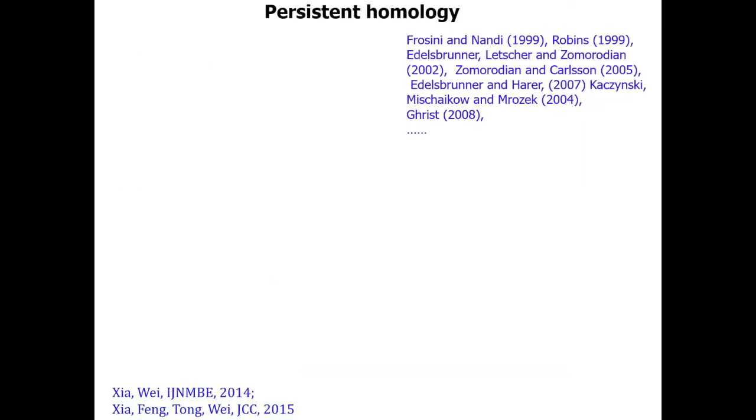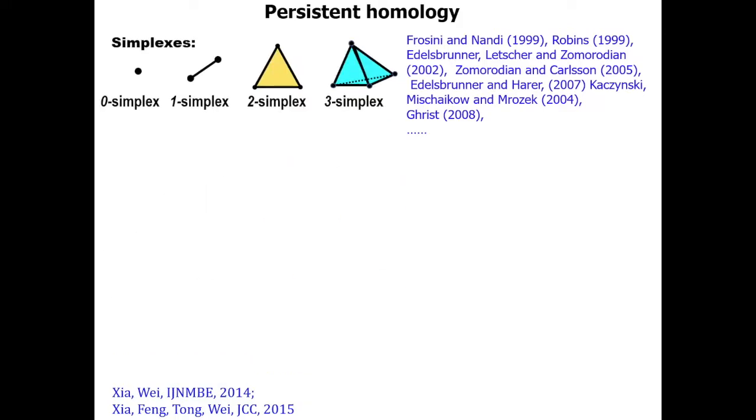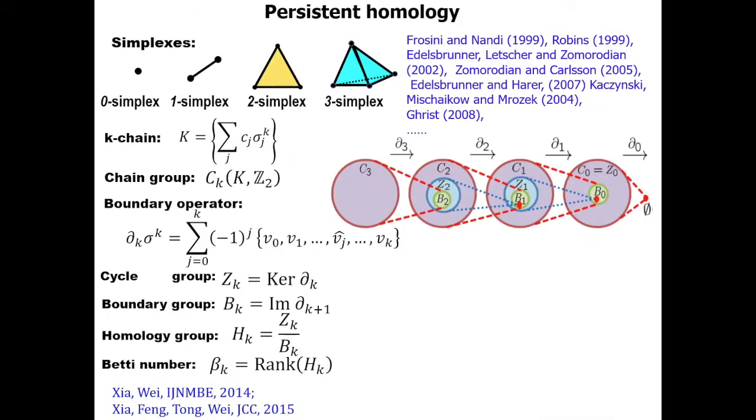What I can do is make use of that, so you make a unity as a group. People in chemistry, theoretical chemistry, will know groups so well. You have elements of a group and you have an operation. So we just put those simplicial complexes as elements of a group. It's the so-called chain group. And we organize it in a particular way, Z2, which means modulo 2, where 1 plus 1 is 0.